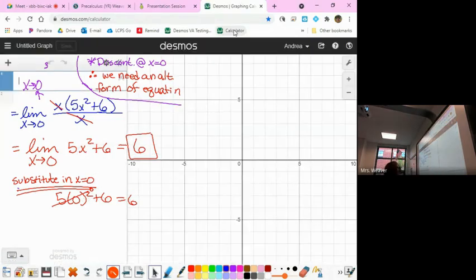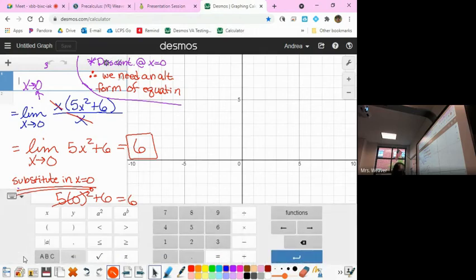So if I pull up the equation, it was 5x cubed plus 6x, and we put that all in parentheses. This one it'll be easier: x cubed plus 6 divided by x.